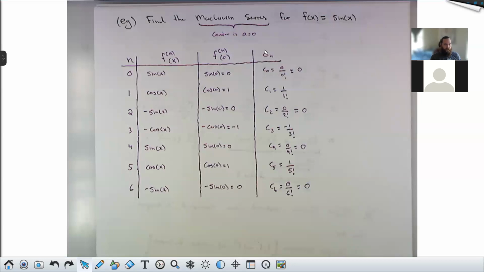The question is, do you see a neat enough pattern over here to write a formula for the Cn's?